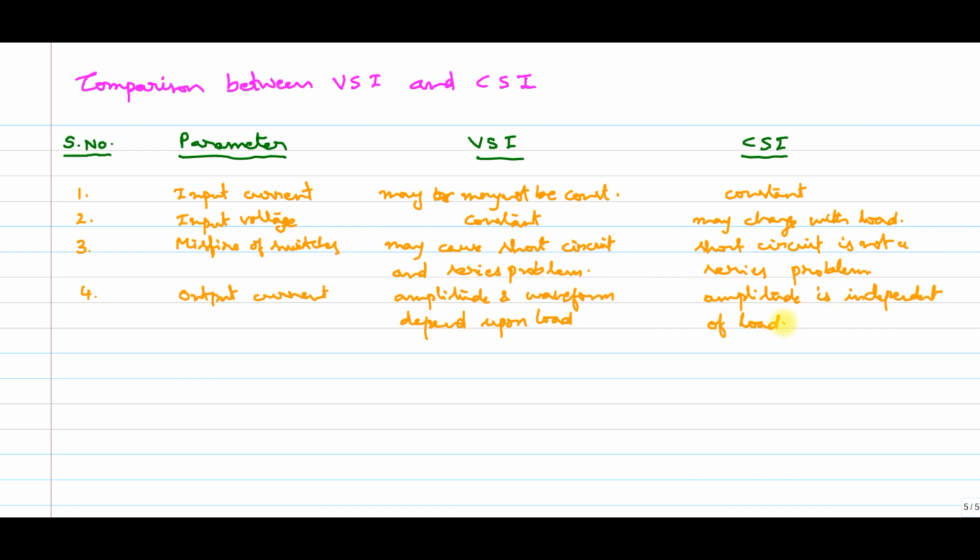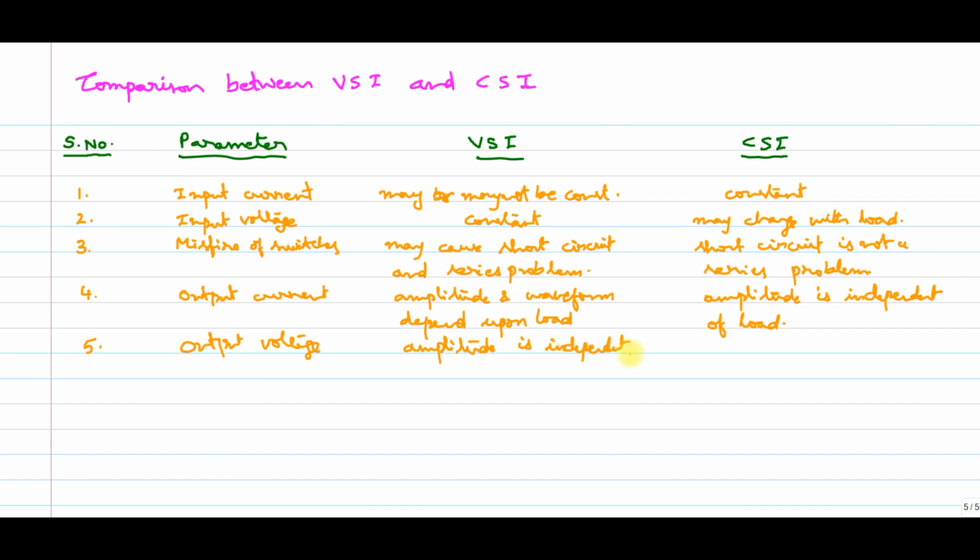The same point can be repeated for output voltage in the reverse manner. Coming to output voltage, in VSI the voltage is constant, so the amplitude is independent of load.